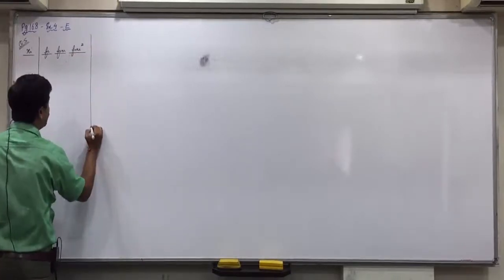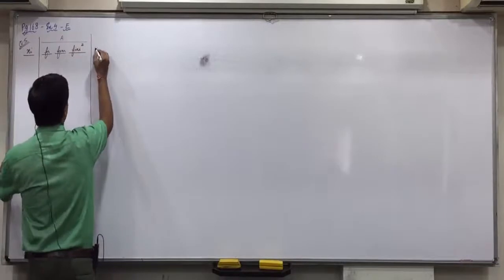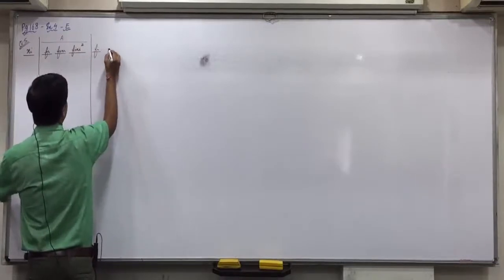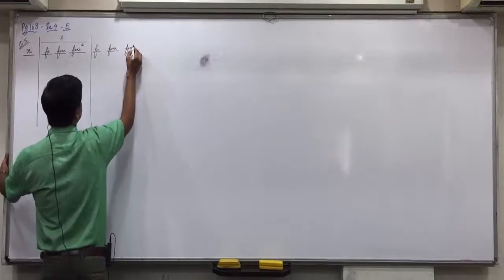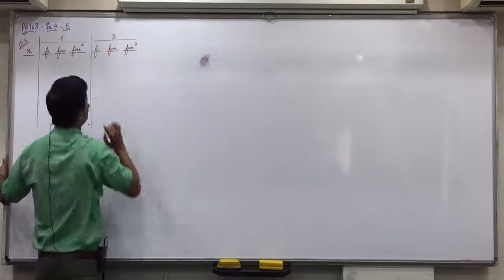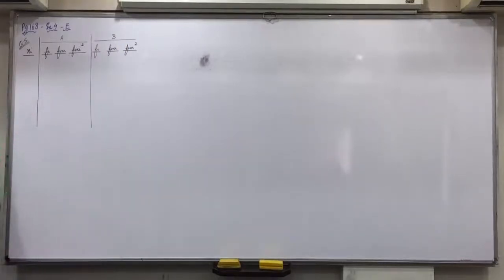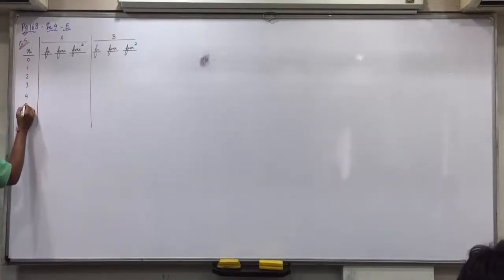Same way for team B you are given fi, and we require fixi and fixi square. Any confusions with this? So give these headings and write the information given to you. Xi is given 0, 1, 2, 3, 4 and 5.